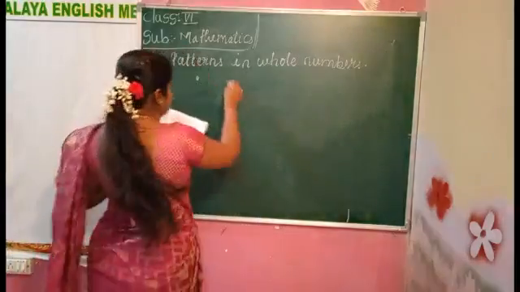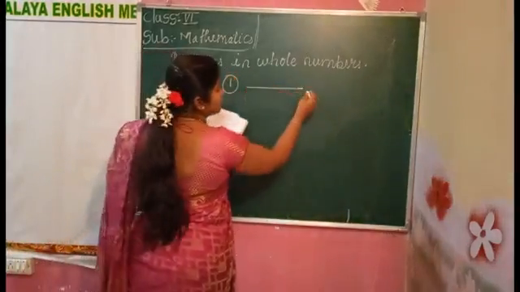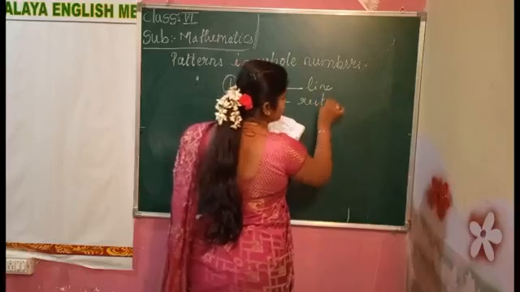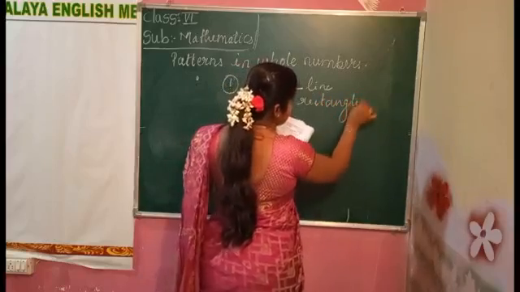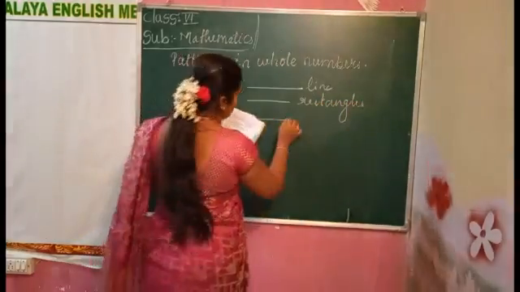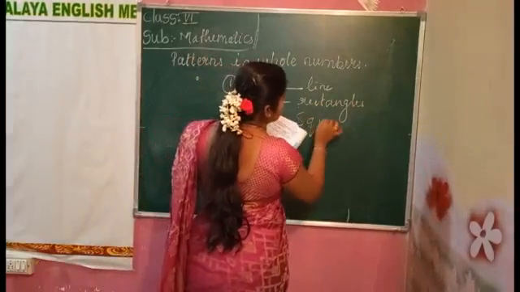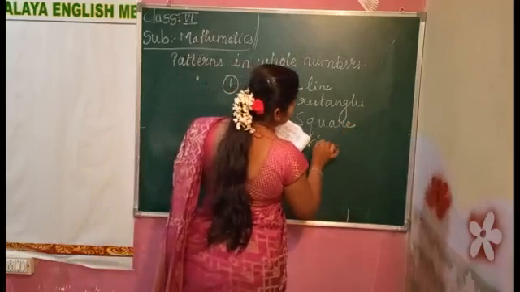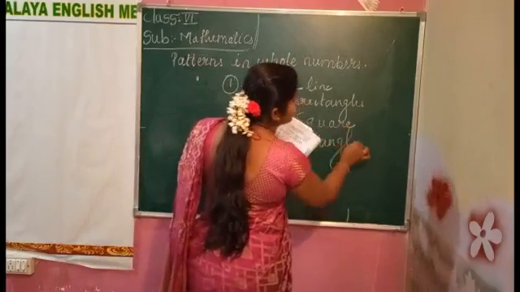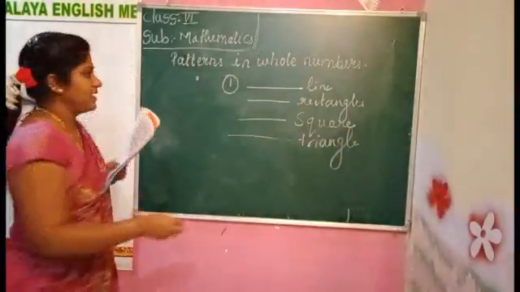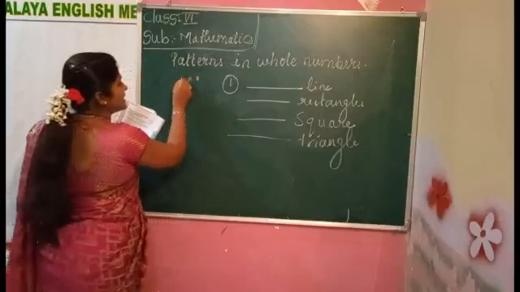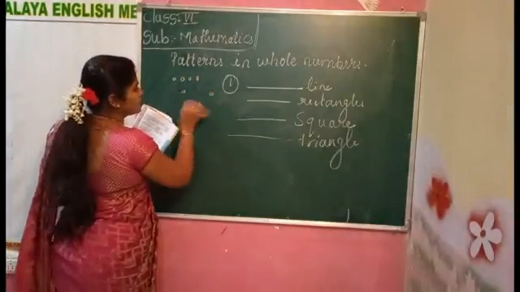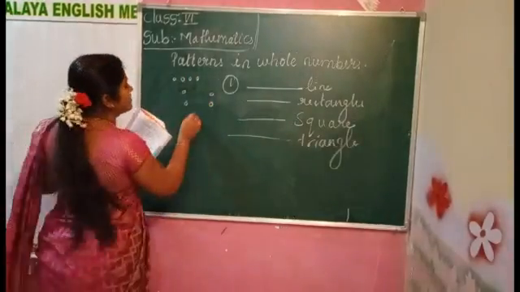We can take them in the form of a line, in the form of a rectangle, in the form of a square. Square will be like this.